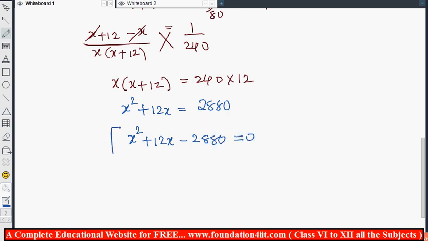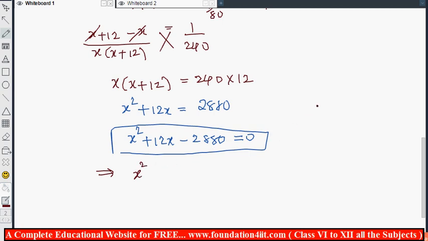Now this quadratic equation you have to split the middle term and find the value of x. You'll get one negative, one positive. The negative you can neglect and take the positive value. So from this, x square, minus 2880 should be made into two parts.